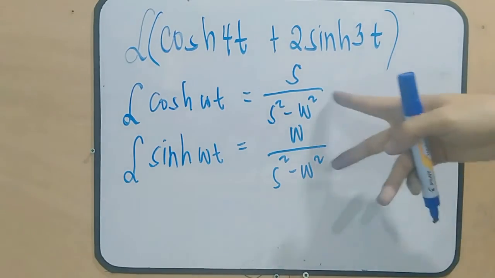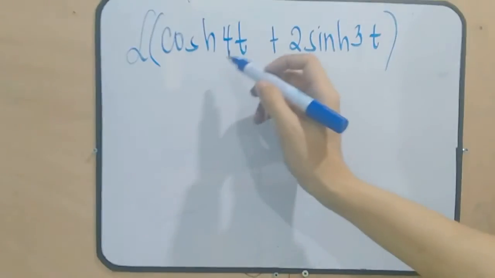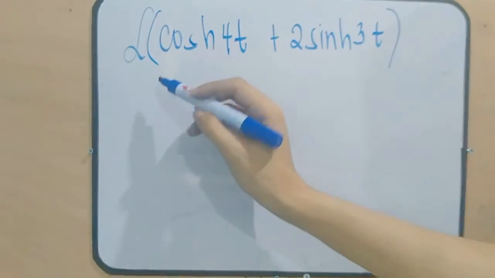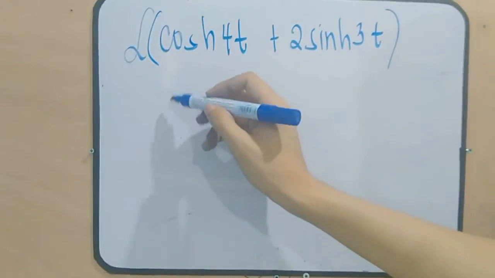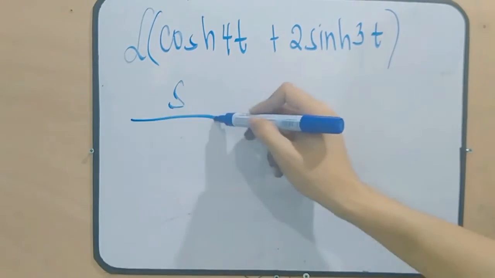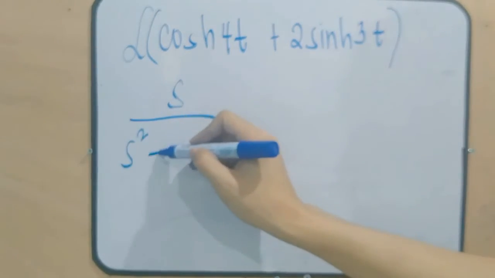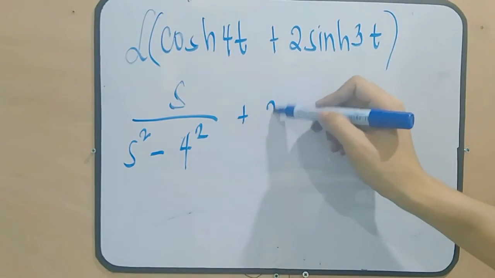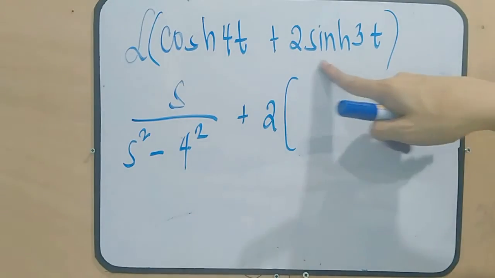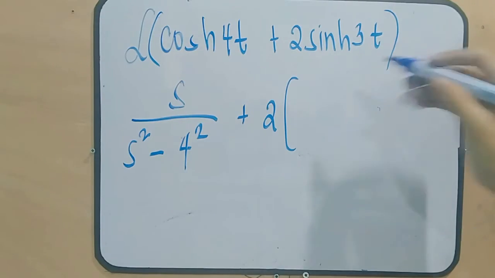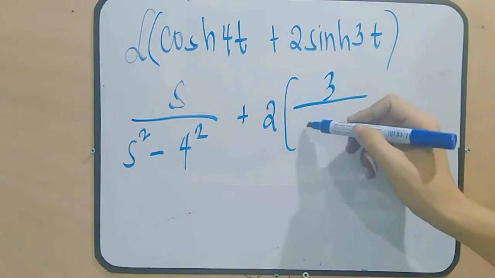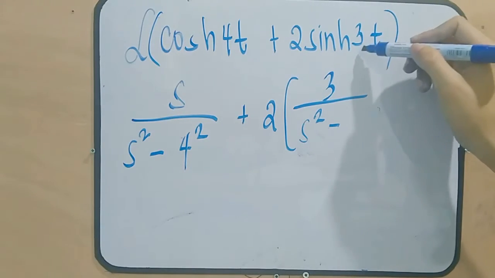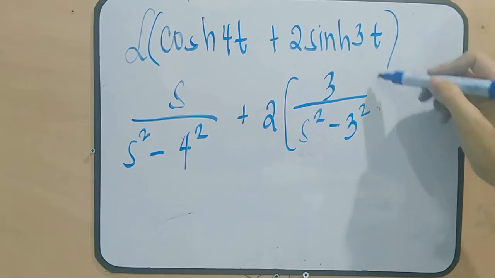Now we just apply the formula, guys. Here, our constant is 4. So this will become s all over s squared minus 4 squared, plus 2 times the Laplace transform of sine, where the one on top is the constant. So this is 3 all over s squared minus, where the w for sine here is 3, so 3 squared.